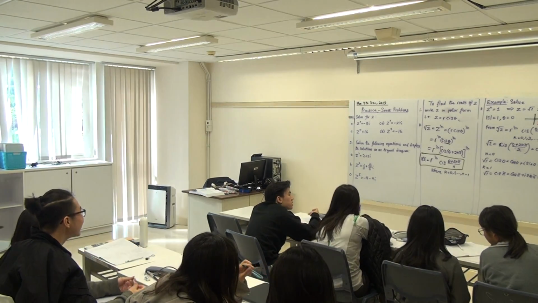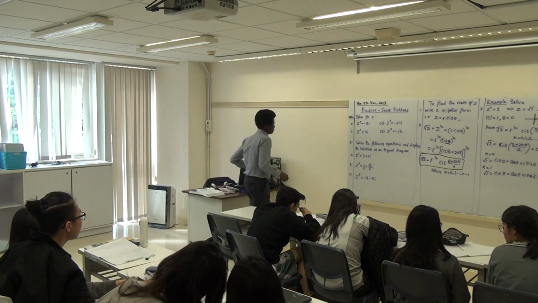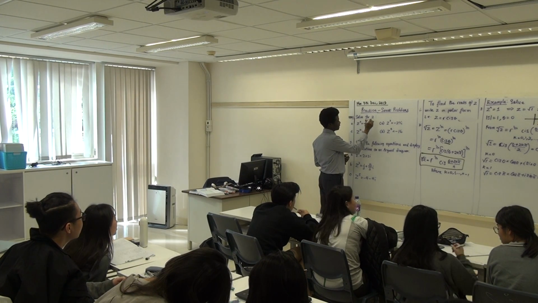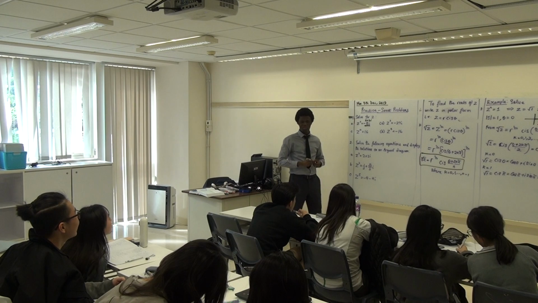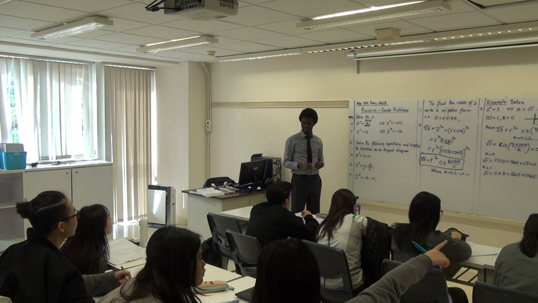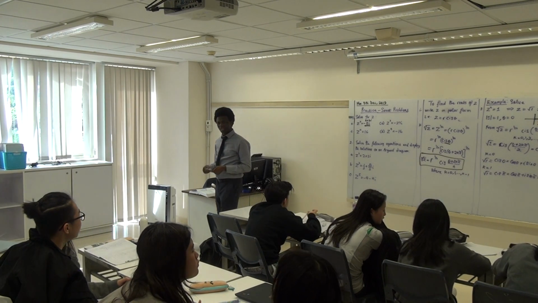But how do you find the absolute value of a complex number? This is a plus bi. What is your a? That's 0.